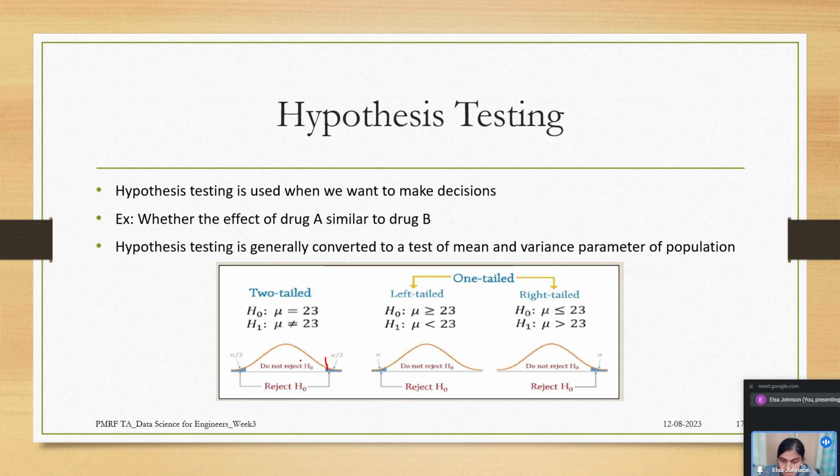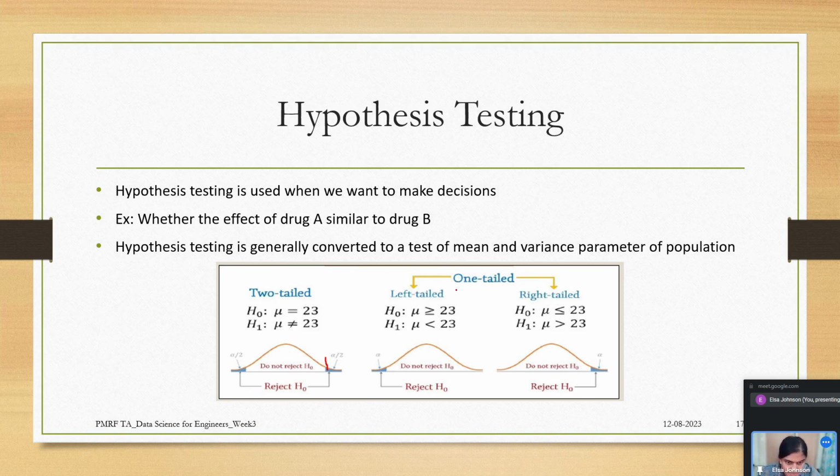Here we are considering two different regions. In between those regions we won't reject the null hypothesis, and beyond the threshold we will reject it. Rejecting H0 means the alternate hypothesis is accepted.